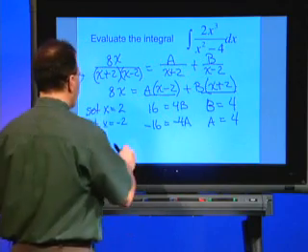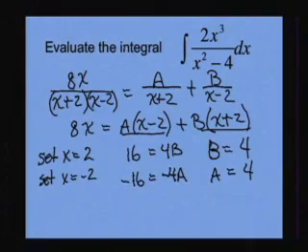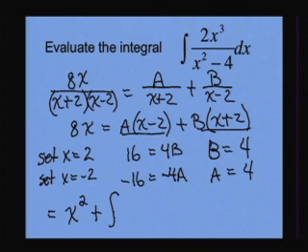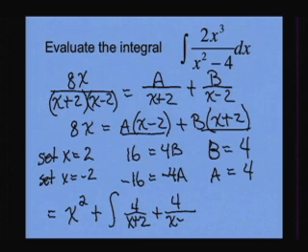So what I would have is, remember that originally I had x squared, which had already been integrated. Now what I have is plus the integral of 4 over x plus 2 plus 4 over x minus 2 dx. And of course, we're taking the integral of that entire sum.